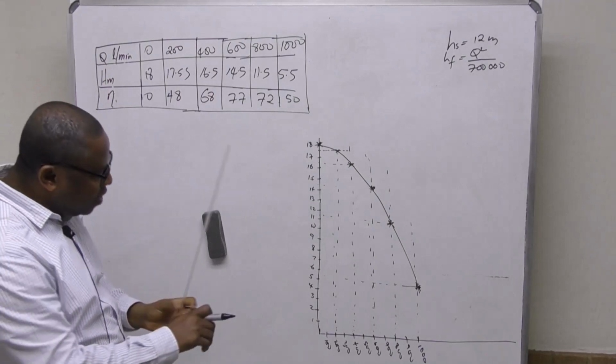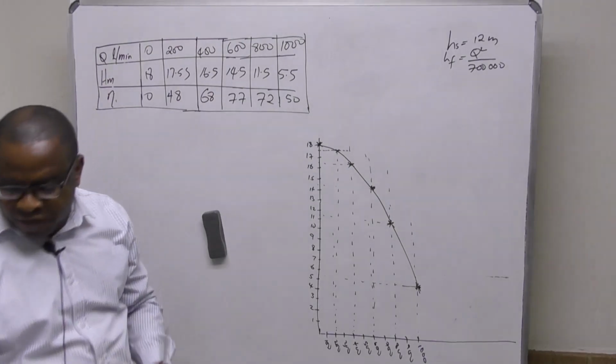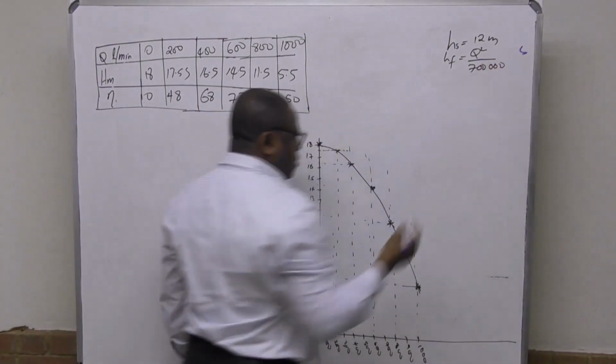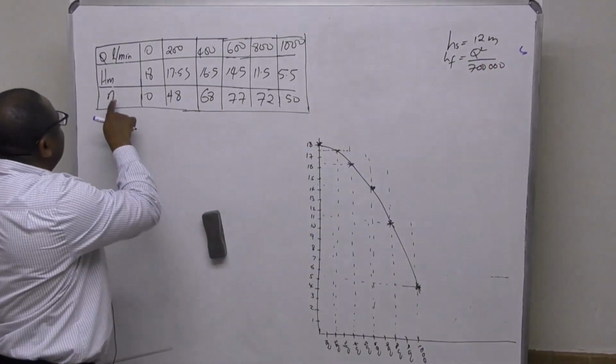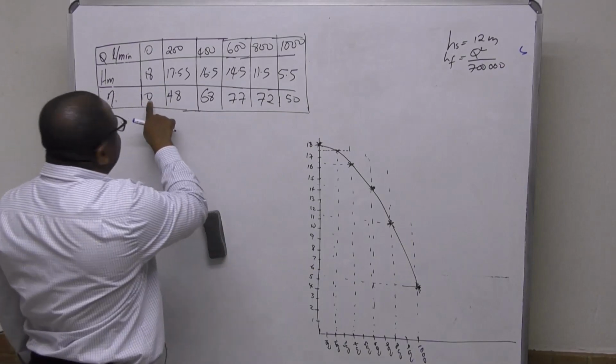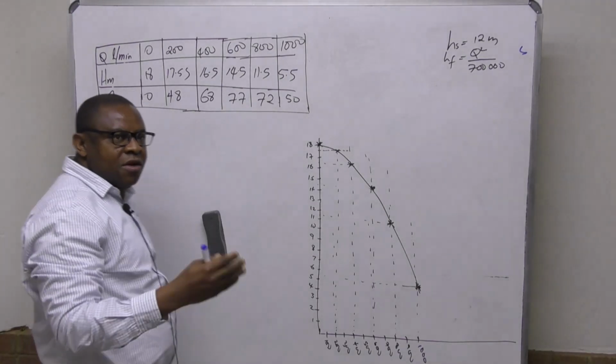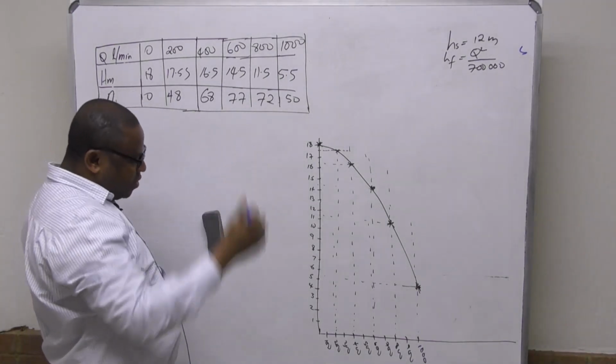If you want to plot also the efficiency of that pump, efficiency starts from 0, maximum is about 77, so I can just take it like 10, 20 up to 80.